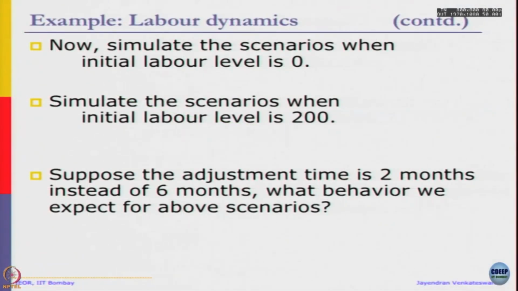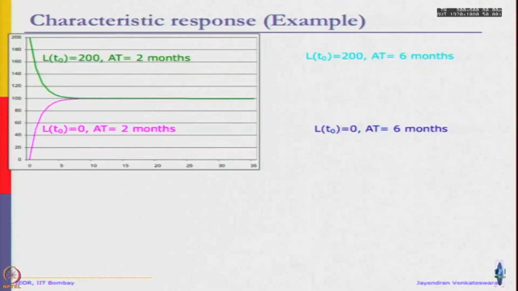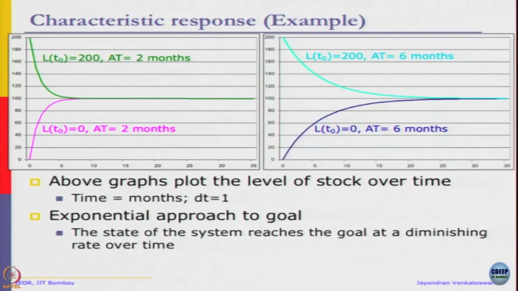So that is what happens if adjustment time is 2 months instead of 6 months. I have the graphs here also. When the initial level is 200 and adjustment time is 2, and when the initial level is 0 and adjustment time is 2, of course it will be a mirror image, except that you are approaching the goal from either the top or the bottom as the case may be.